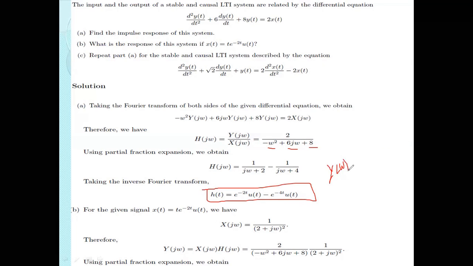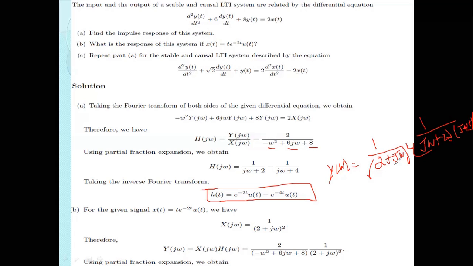Y of omega is equal to 1 by (2 plus j omega) whole square, and we already know the denominator roots: one is j omega plus 2, and another one is j omega plus 4.